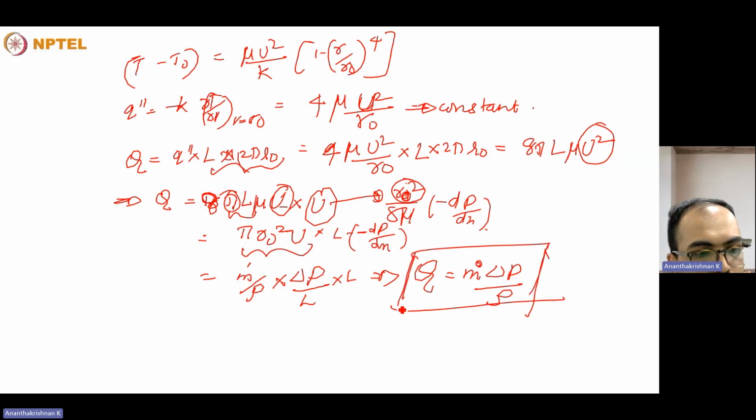We can arrive at the heat transfer rate. Total heat transfer rate is equal to the mass flow rate multiplied by the pressure drop divided by rho. So in this kind of flow, where the heat transfer is due to viscous dissipation, the element that triggers the heat transfer is the viscous dissipation.